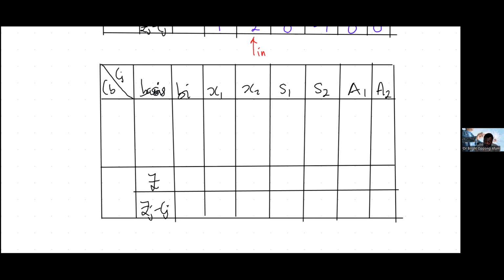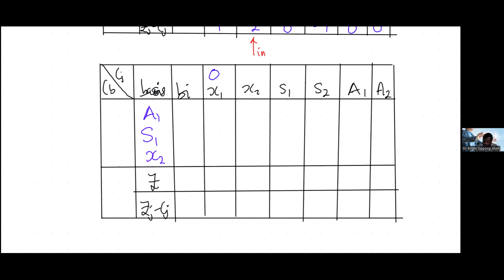So A1 still remains, S1 still remains, X2 replaces A2, right? And we generate the new tableau, still using the minimization objective function.